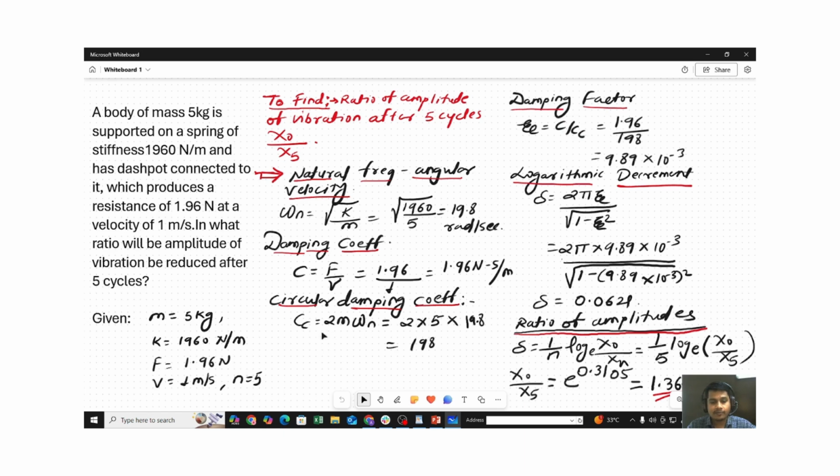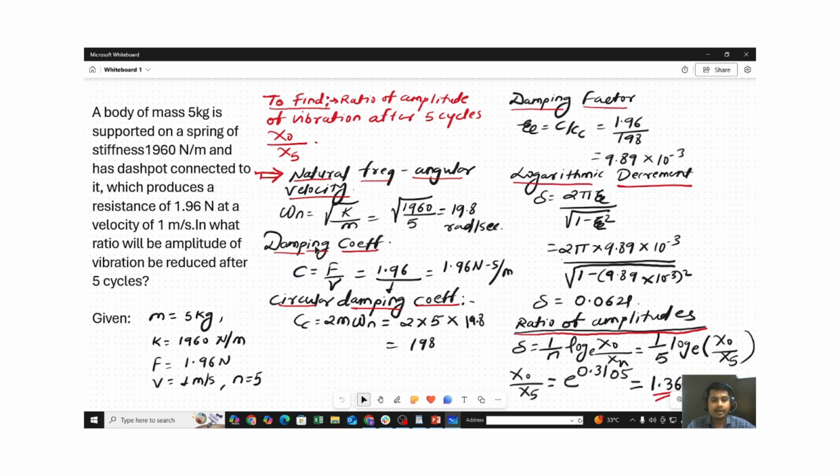For cc, what is the formula? It is 2 into m into omega n. Omega n is the natural angular frequency that we need to find out, so that we can find the cc value. Then c is the damping coefficient, which can be found using the given values, that is force resistance and velocity. So c is equal to f by v.